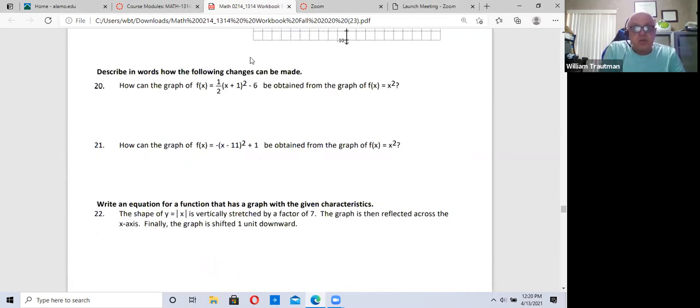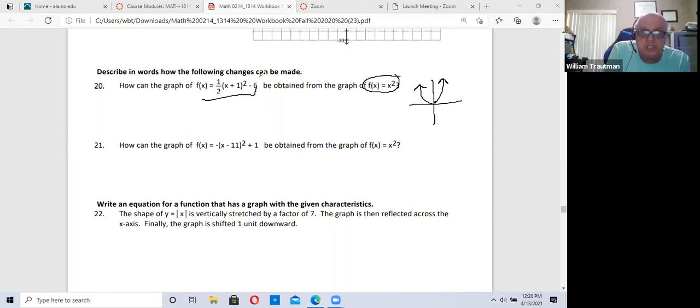Let's describe the transformations. How can the graph of this be obtained from this? If we start off with x squared, remember x squared is a parabola starting at the center. All they want you to do is explain what happens when you do this. Well, a -6 on the outside makes the graph go down 6 spots.